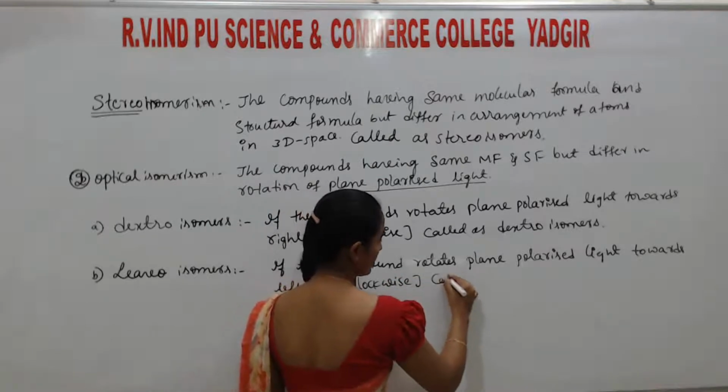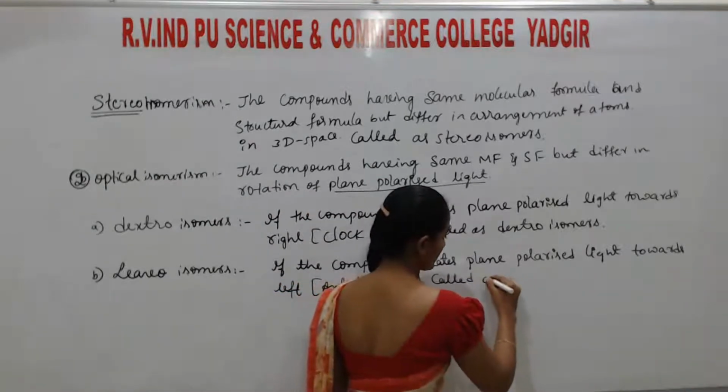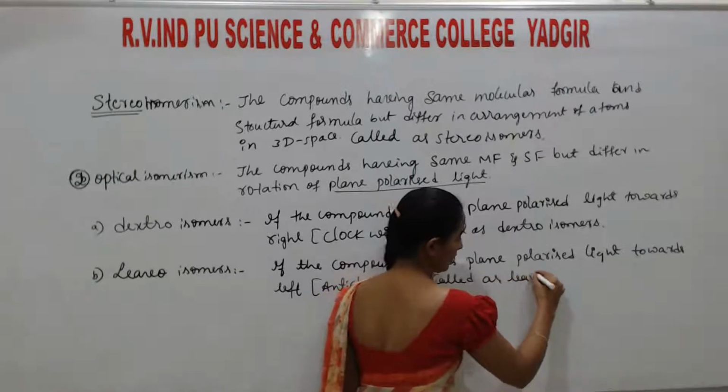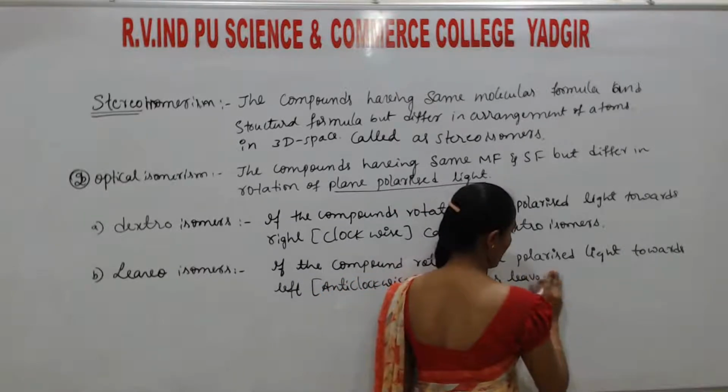Anti-clockwise direction is called levo isomers.